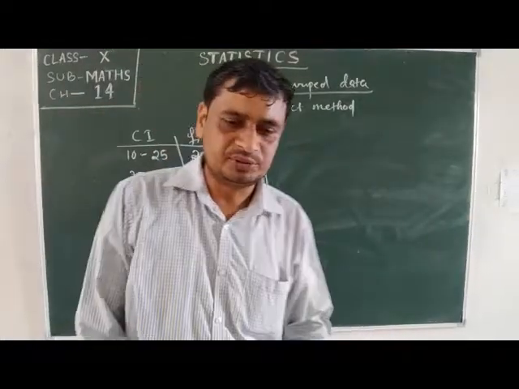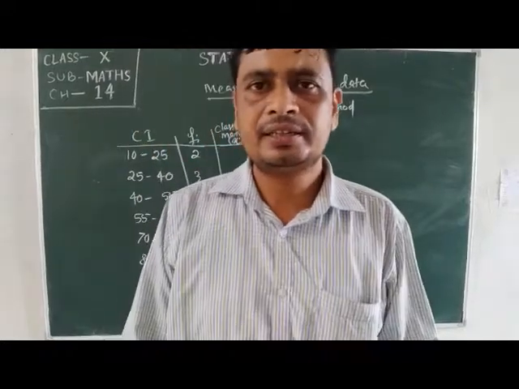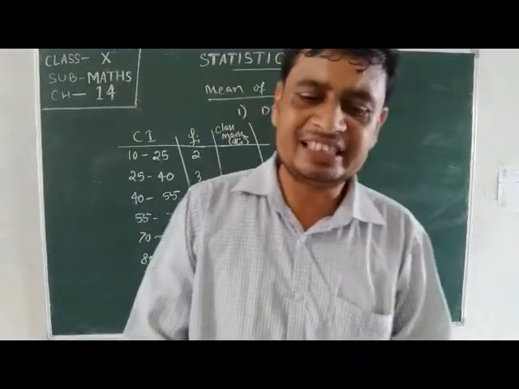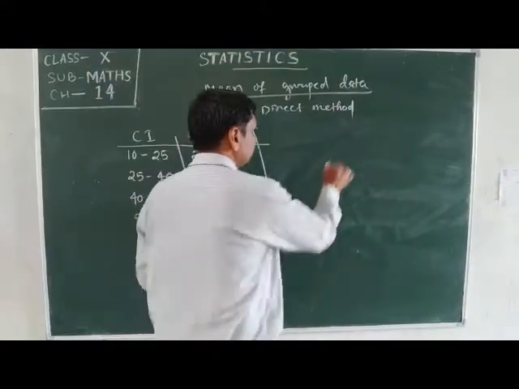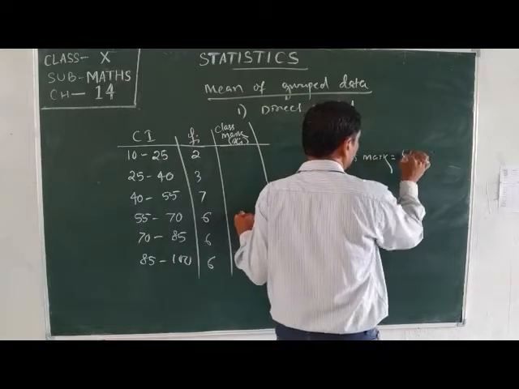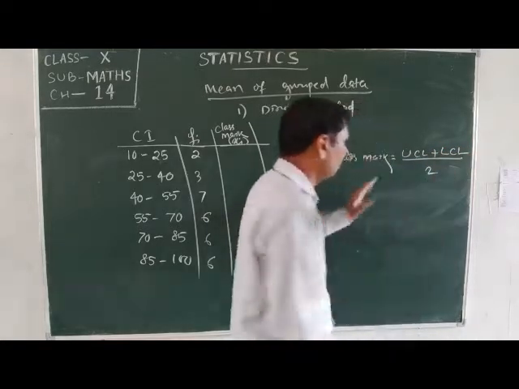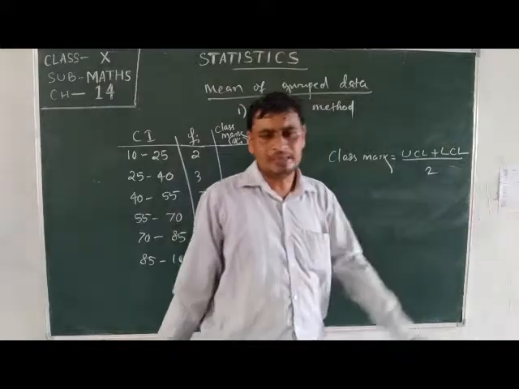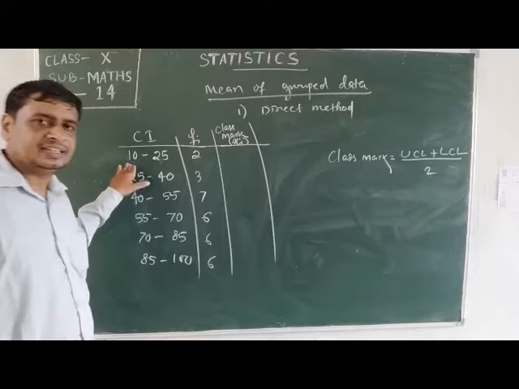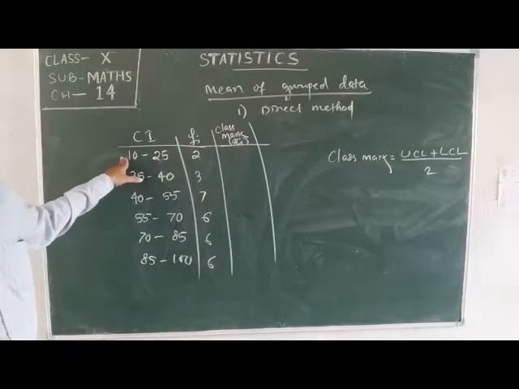How is the class mark found? The class mark is found by the addition of the upper class limit and lower class limit divided by 2. In class 10 to 25, the upper class limit is 25, the lower class limit is 10.